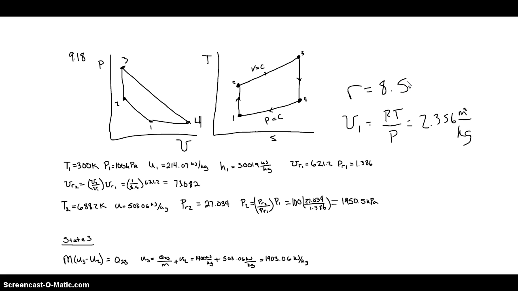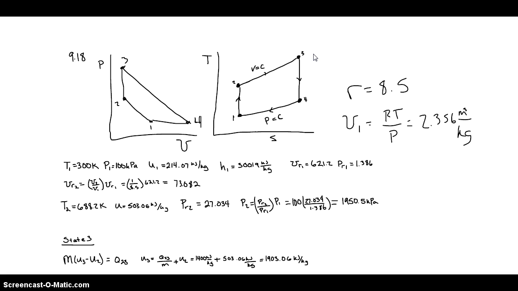So in the problem, it explains to us that process 1 to 2 is isentropic. Process 2 to 3 is constant volume heat addition, so this line from 2 to 3 is a constant volume line. And as you can see, the entropy increases from 2 to 3 due to the heat addition.